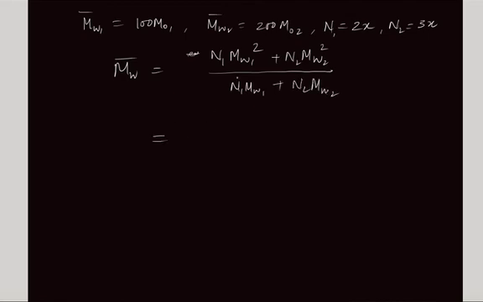Substituting these values, I'll get 2x into (100 M0) square plus 3x into (200 M0) square, divided by 2x into 100 M0 plus 3x into 200 M0.